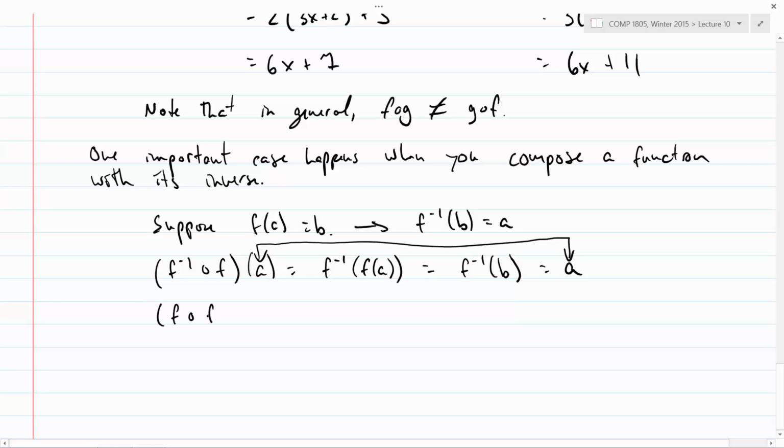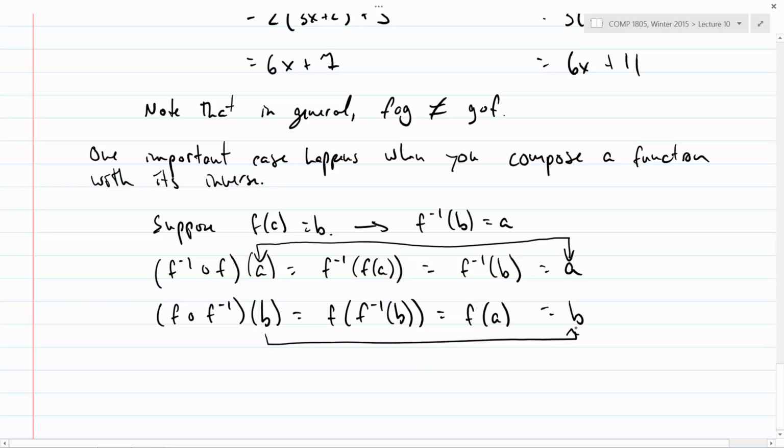So f follows f inverse of b equals f of f inverse of b. f inverse of b is a, so that's just f of a, and f of a equals b. And again, the input and the output are exactly the same. So this tells you when you take the composition of a function with its inverse, then you get back whatever you put in, and you can do it in either order. The composition works in either order.